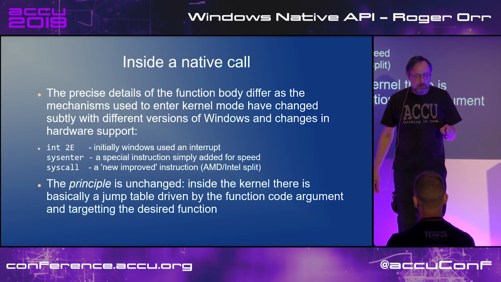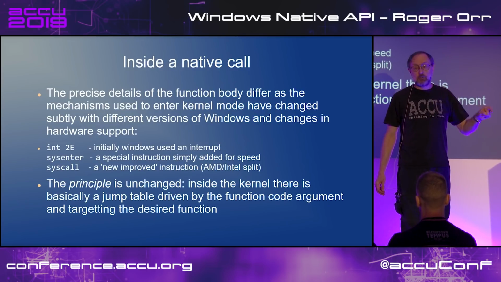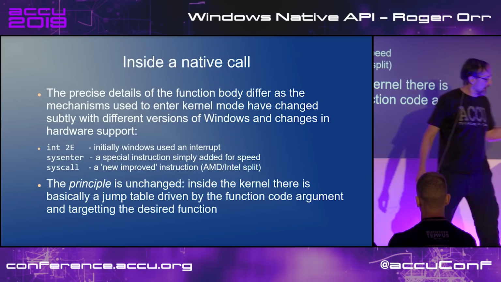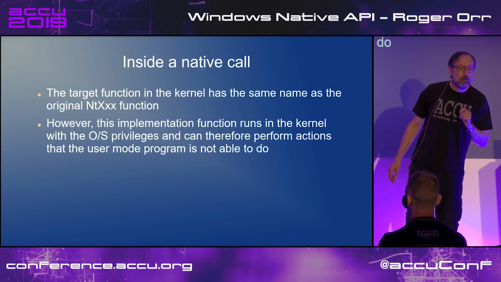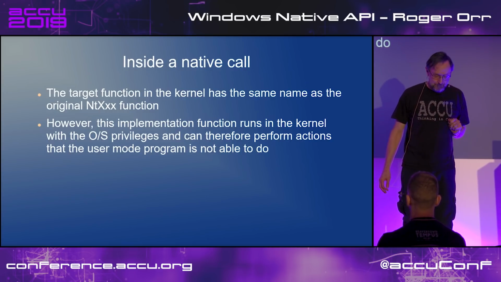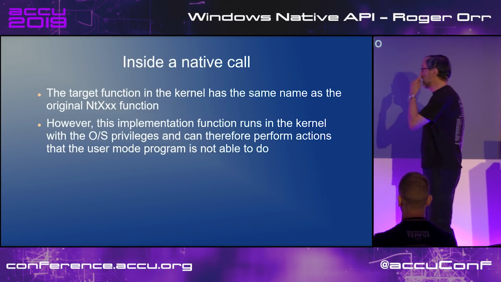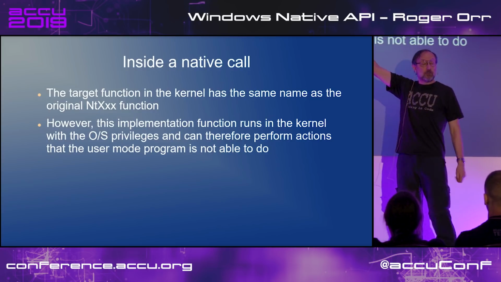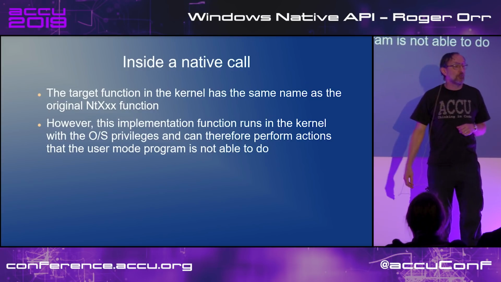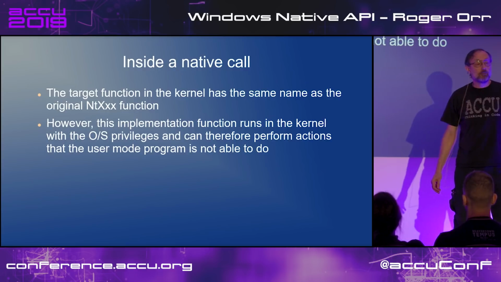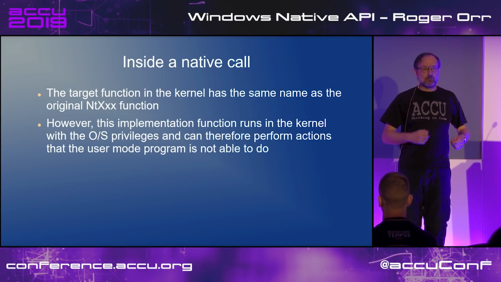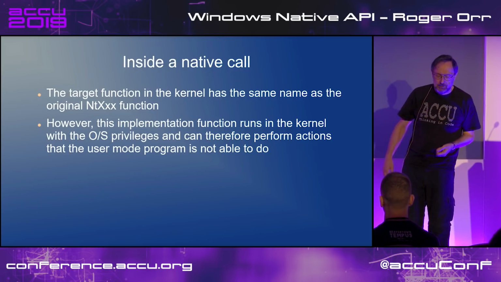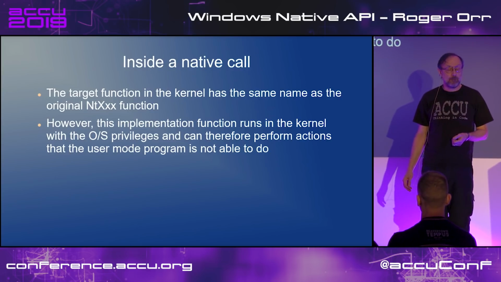The ones that are documented are the ones that are used by kernel drivers. And the reason being that inside the kernel, you can call a function with exactly the same name. Because the target function in the kernel has got the same name as the original NtTerminateProcess that we called. But this time, it's the real implementation that pokes around with native data structures and process tables and does things.